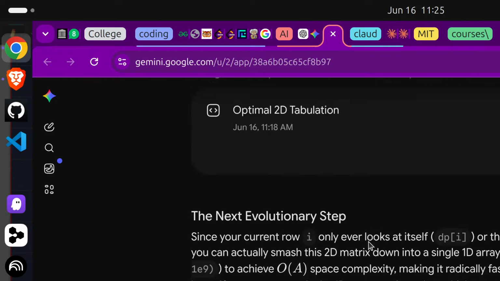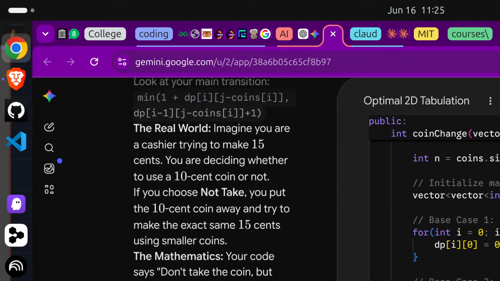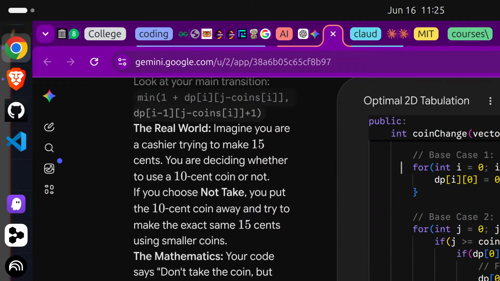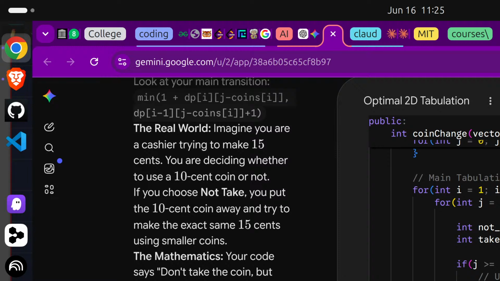What do you see? Okay, this 0 is there. Now, not take is equal to dp of i minus 1 comma j.